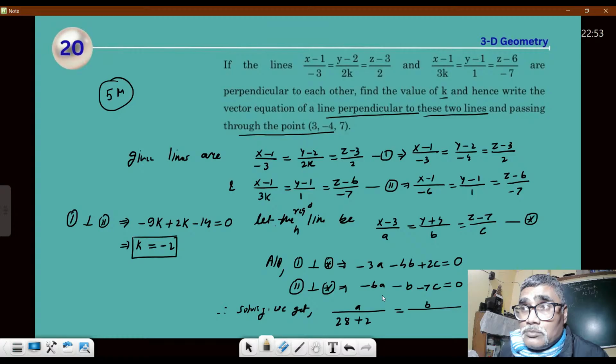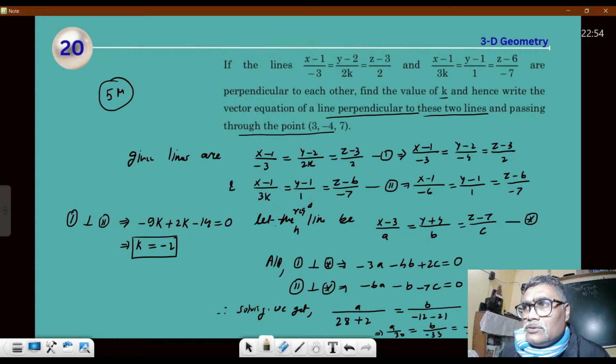For b, I should reverse the multiplication. This is -12, and this is -21, and here it is 3, and then -24. So what I get here is a by 30, b by -33, and c by -21. So every number is divisible by 3.